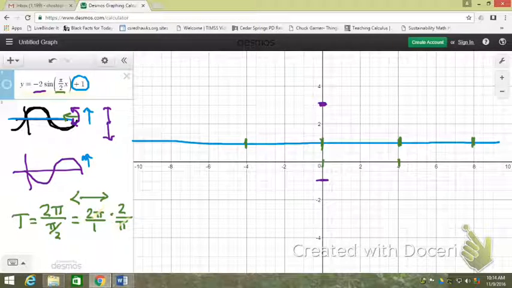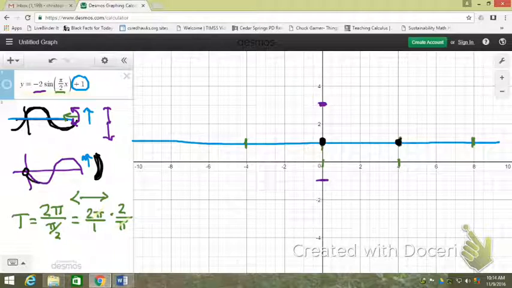Now for me, I always like to make some points now. I want to see where this is going to be, so I know what it's going to look like from that centerline axis. My first point is that standard one right there. I know the end of the period is going to go back to the same spot, so that's a point on it.